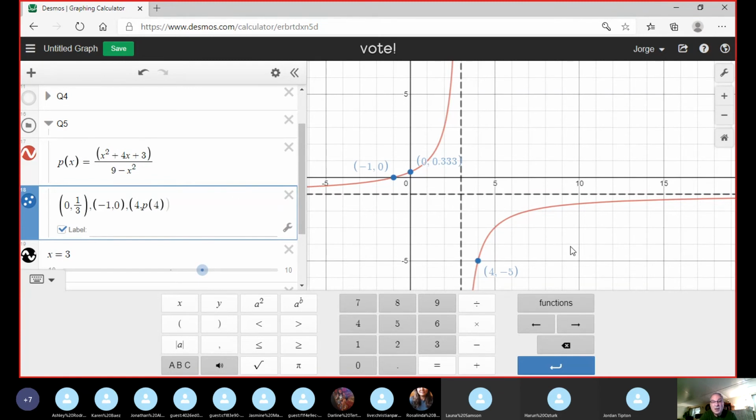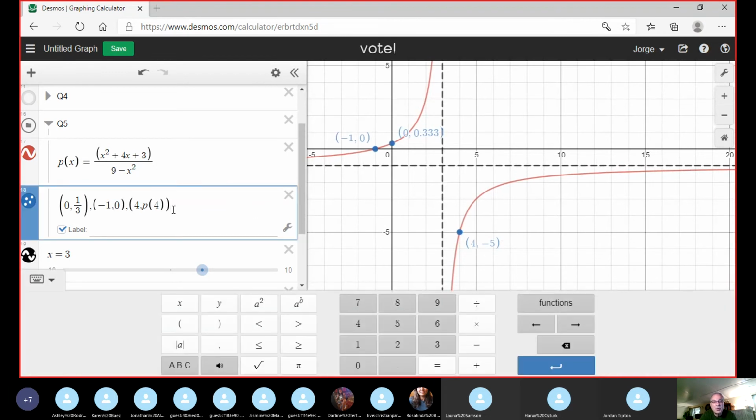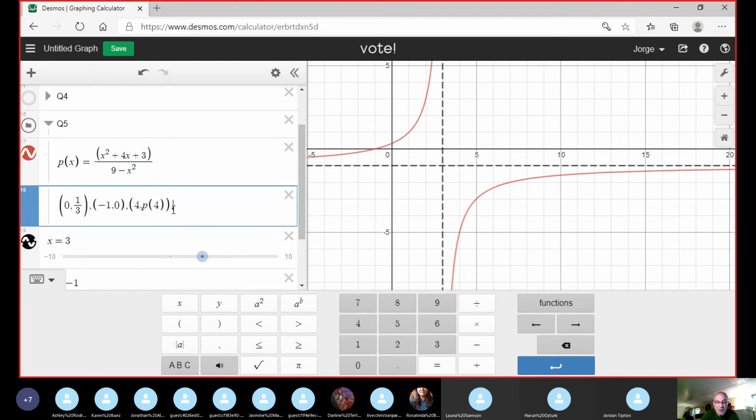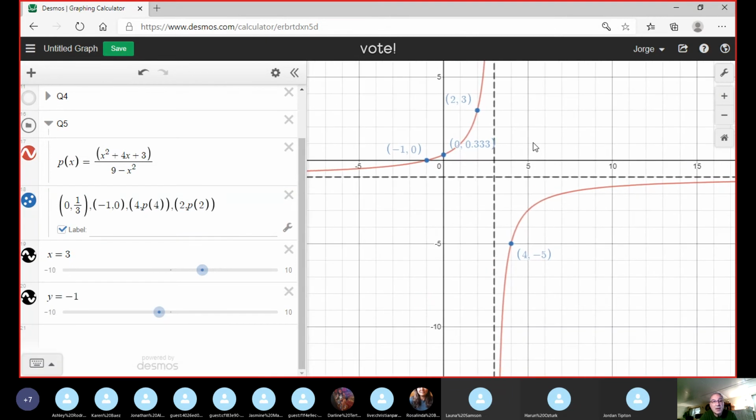Okay. Look at the F5. Look, 4, negative 5. Another point I proposed you was 2, no? Separated by comma, 2, P, evaluate in 2. Look, it's 2, 3. Wow, nice value.